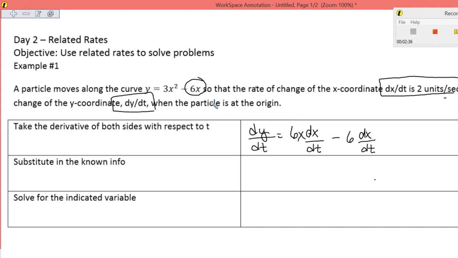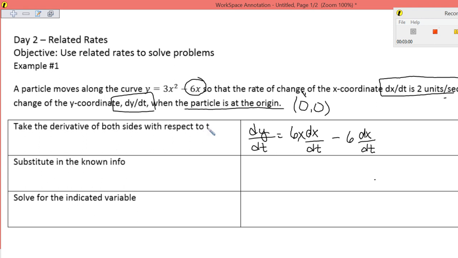Okay? So since we're trying to find dy/dt, we have to find the values that we need to plug in here. So if you can see that we have the value of dx/dt, what is the value of x? Well, it says find the derivative when the particle is at the origin. So if the particle is at the origin, it has an ordered pair of (0, 0), meaning that x is 0.